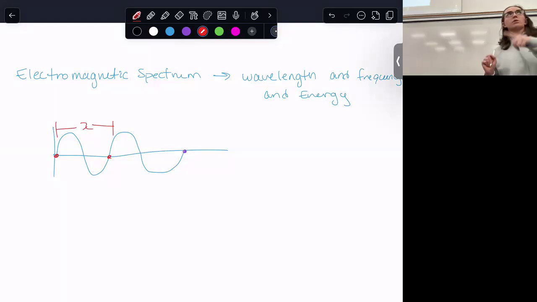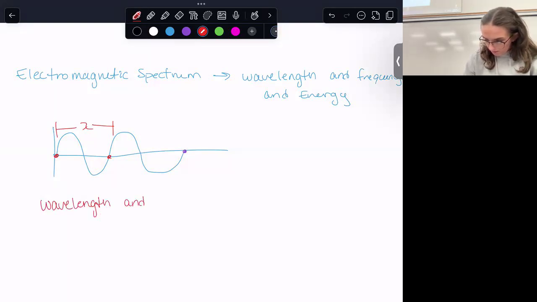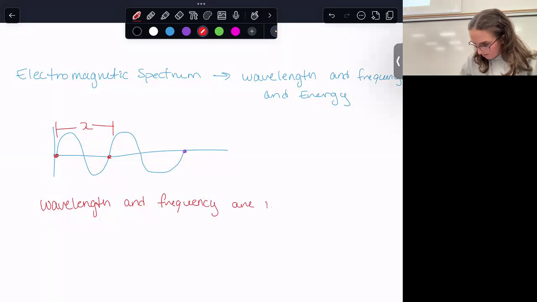How is wavelength related to frequency? Inversely, right? So wavelength and frequency are inversely related.